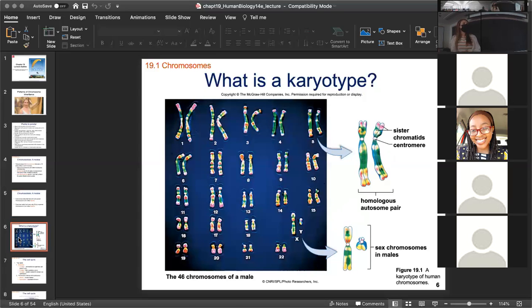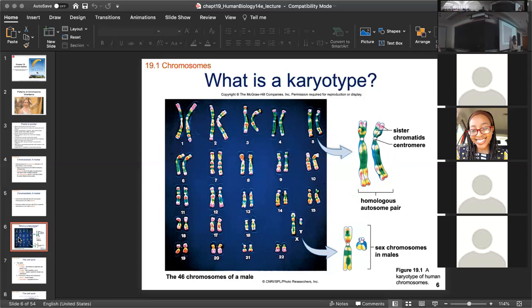So each chromosome has a pair, in this example, called a homologous chromosome, or a homologous autosomal pair, okay? This is a homologous autosomal pair, right here, right here. All of these are homologous chromosomes. And then within this one strand here, we have sister chromatids.